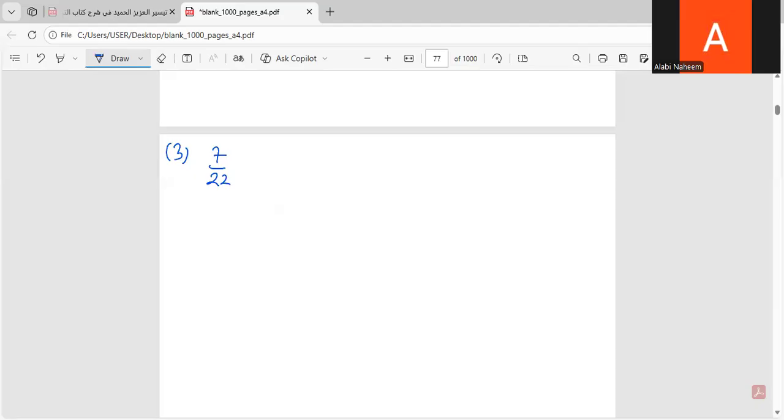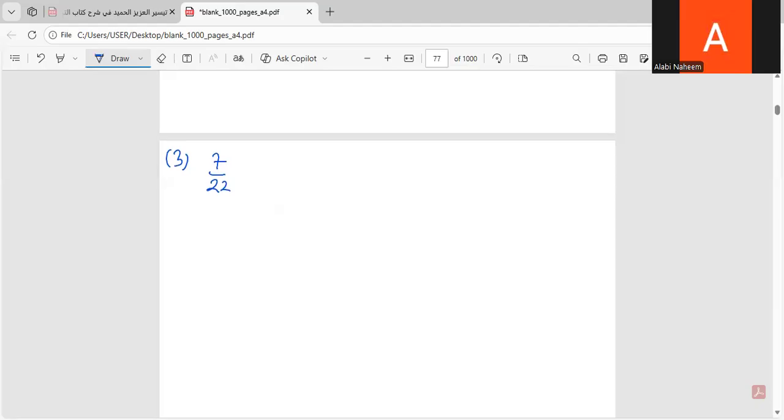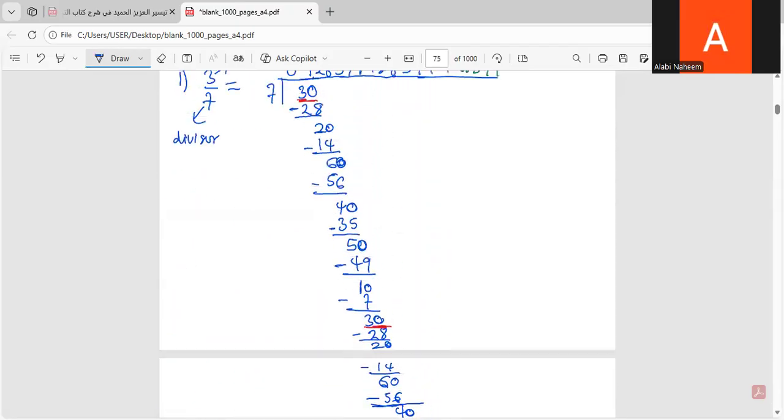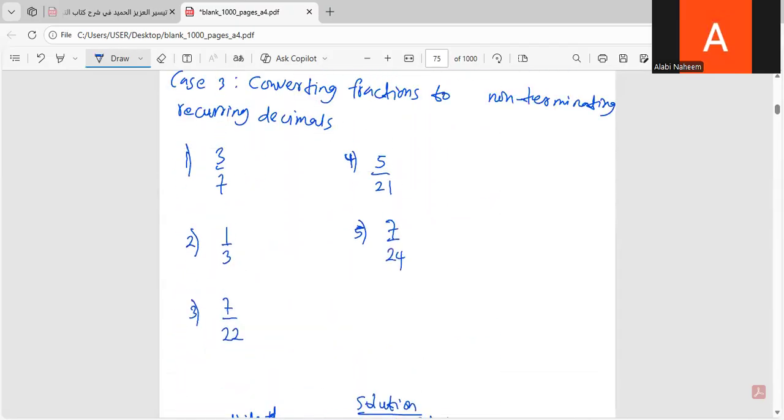You can see 7, you can see 3, you can see 22. They include some other prime numbers other than 2 and 5. For that reason, they are non-terminating recurring decimals.